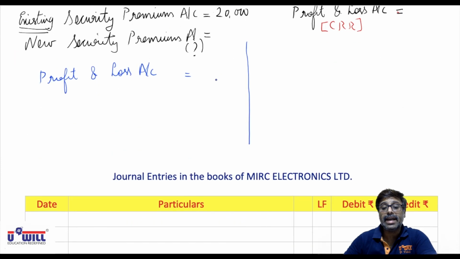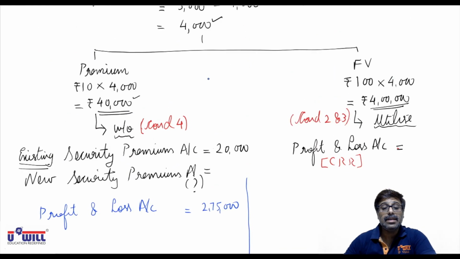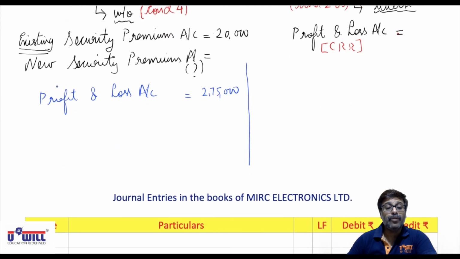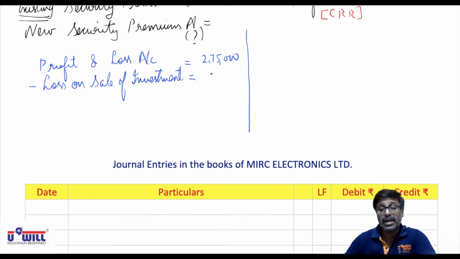We cannot take the entire 2,75,000. Understand the reasons. The investments are sold at a loss of 25,000, so profit and loss account will decrease by 25,000. Loss on sale of investment we are going to debit to the P&L account when we pass the journal entry, which means the profit and loss account will decrease by 25,000.